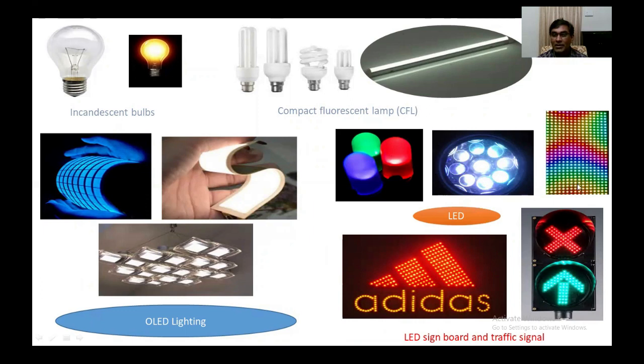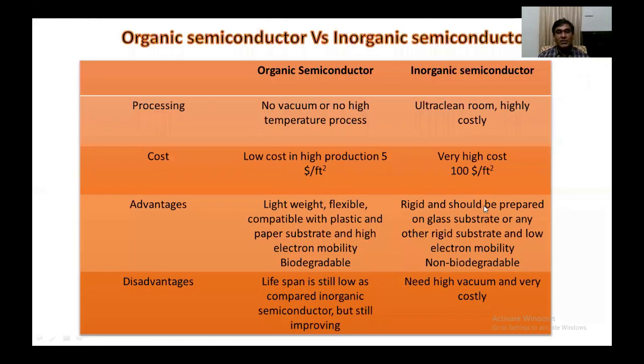Now we'll see the comparison between organic semiconductors and inorganic semiconductors. So why are these superior? Now in case of processing, how the displays are made: in case of organic semiconductors, no vacuum or high temperature processes are required.